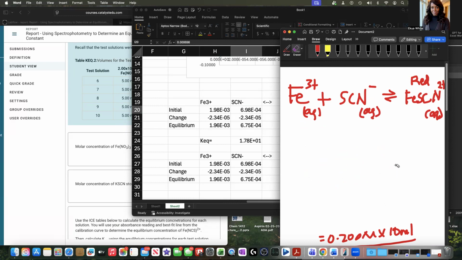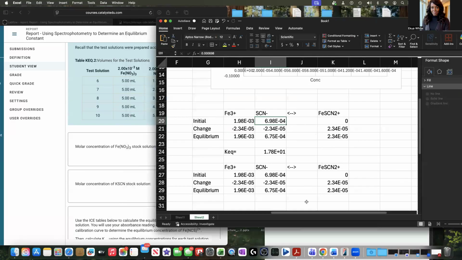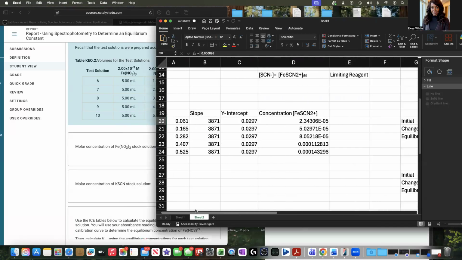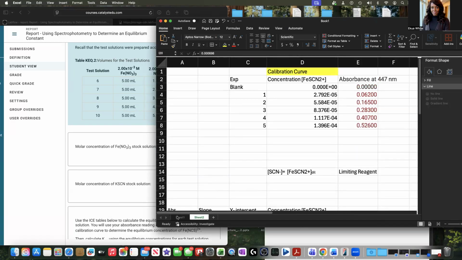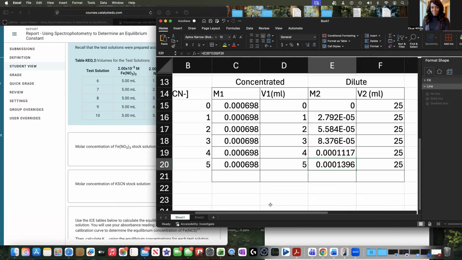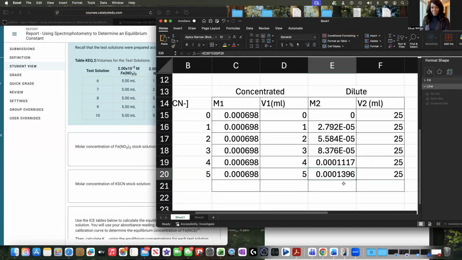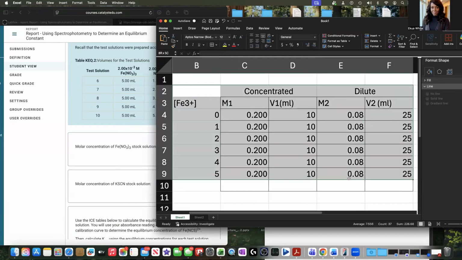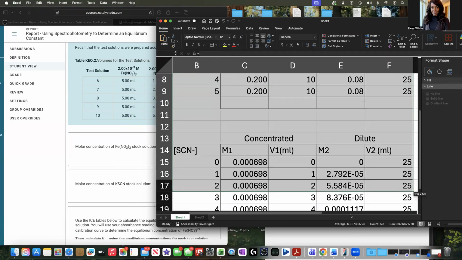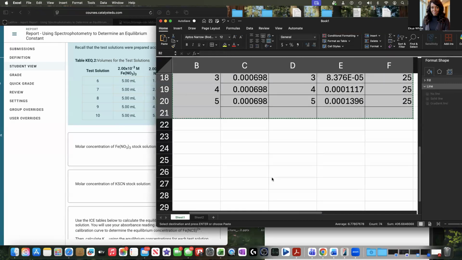Okay, guys, let me go back to the M1V1 section, the table. Was that here? No, that was the previous sheet. Okay, so this is where I did my M1V1, remember earlier? So I have to do M1V1 of both. I'm just going to copy everything here, copy all of this again, and then paste this down here.